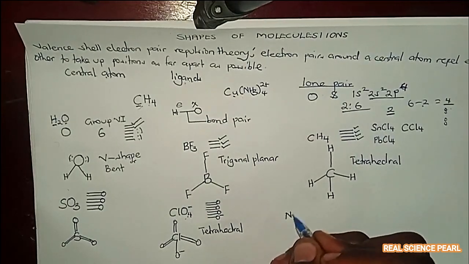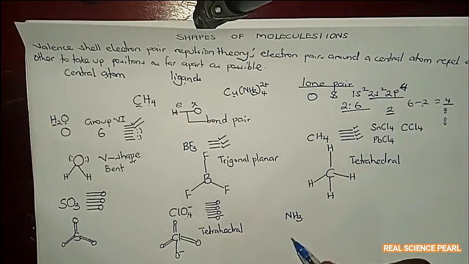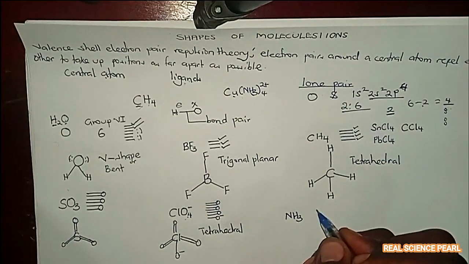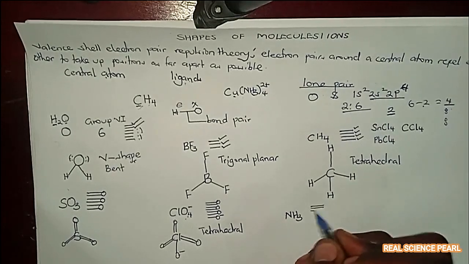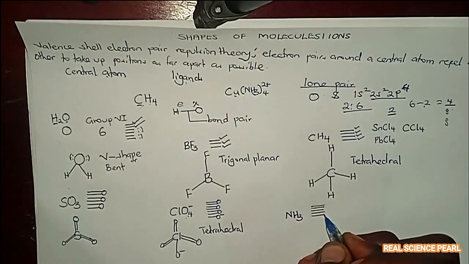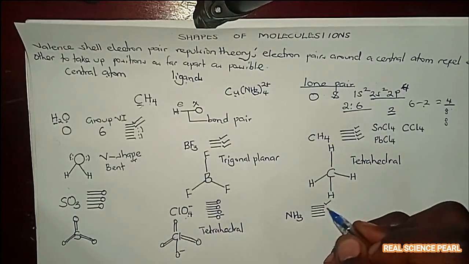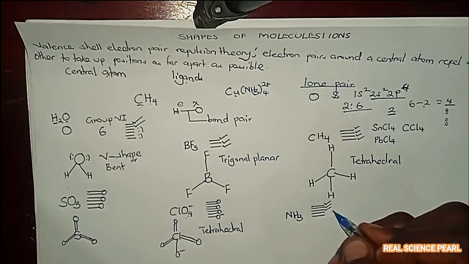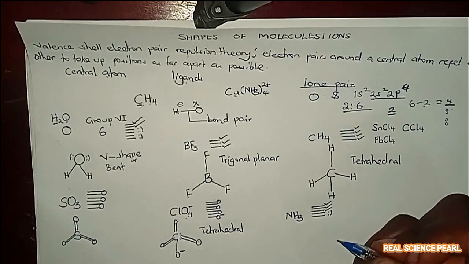Ammonia, that is NH3. Nitrogen is a central atom, of course. So central atom, group 5, meaning it has 5 electrons outermost. Being with 5, we have hydrogen bonding with 1, that is taken, that one and that one. So we shall have these ones remaining to form 1 lone pair.